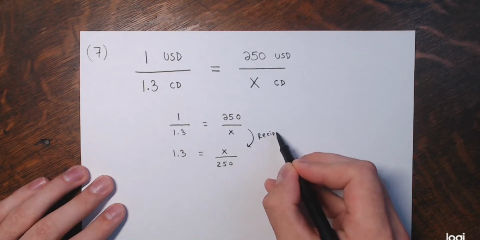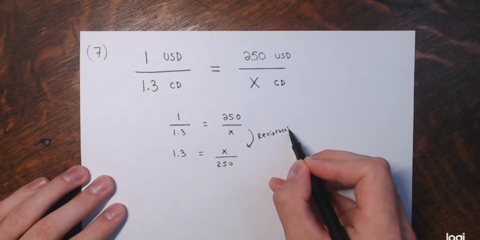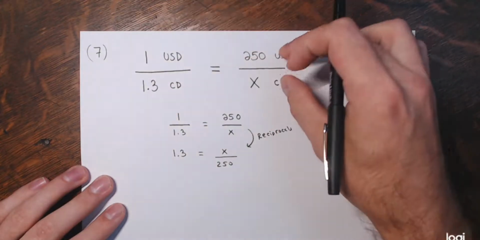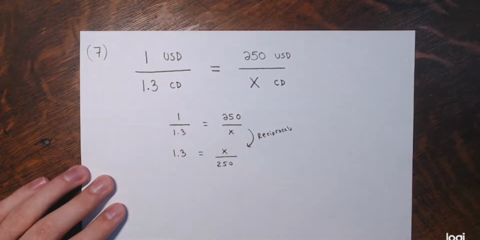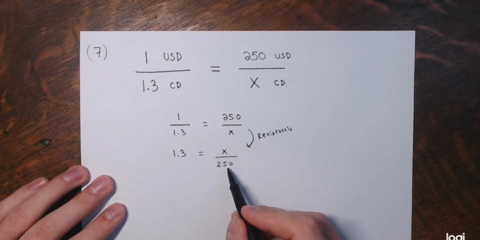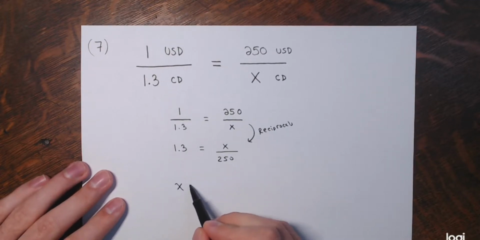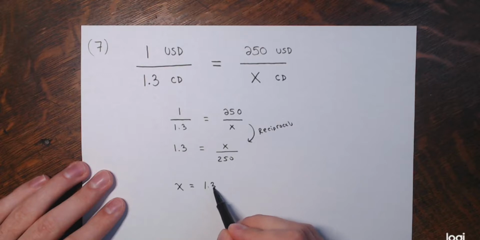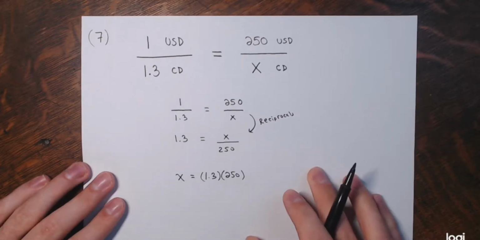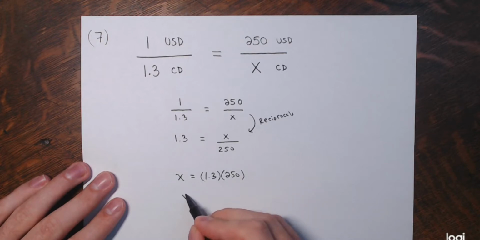I just flipped both sides. Instead of having US dollars in the numerators, I have Canadian dollars in the numerators now. And then I just multiply by 250, so X equals 1.3 times 250.